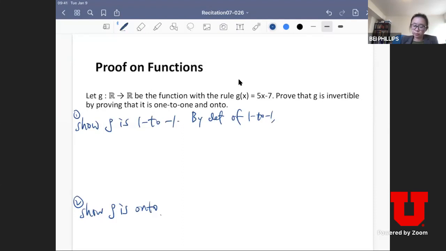But by definition of one-to-one, we want to start with g of x equal to g of y. We want to show x equal to y. Okay, so the way to do it is you just use a hypothesis.